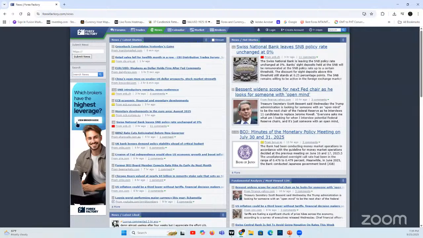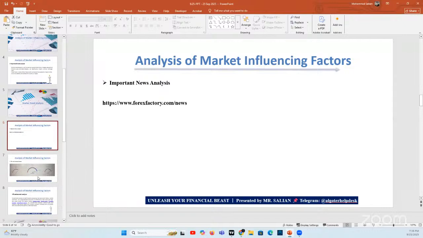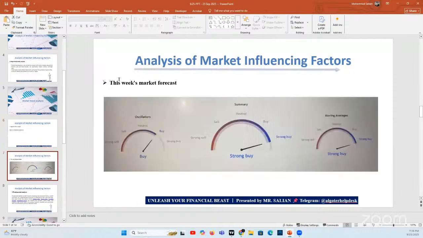For example, what you are seeing here is this week's forecast. Based on the indicators in the chart, this is giving all these signals of what to do.